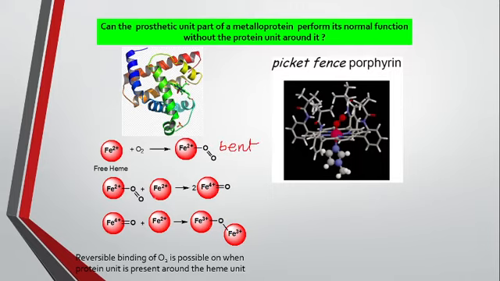Then this bent Fe2+ reacts with another free heme and gets converted to 2 Fe having 4+ oxidation state. Then this 4+ Fe containing oxygen bound to the Fe2+, and then this Fe4+ gets converted to Fe3+ bound to the oxygen. The reversible binding of oxygen is also possible when the protein unit is present around the heme unit.